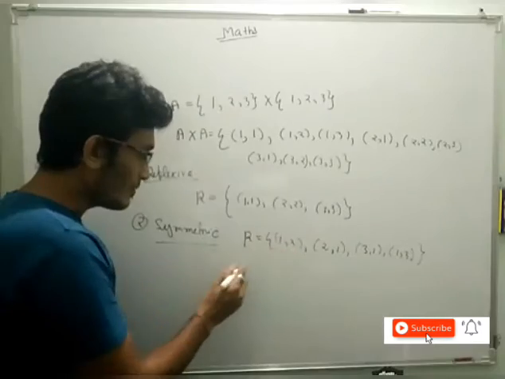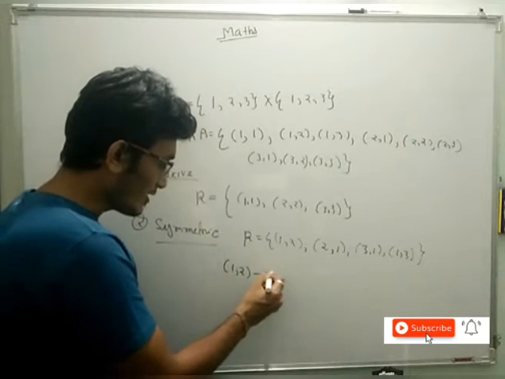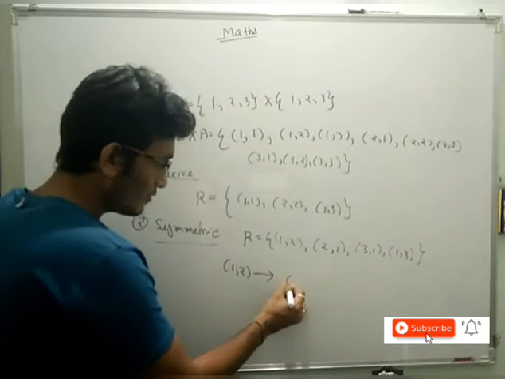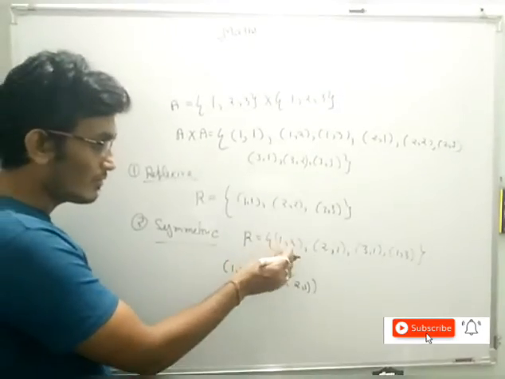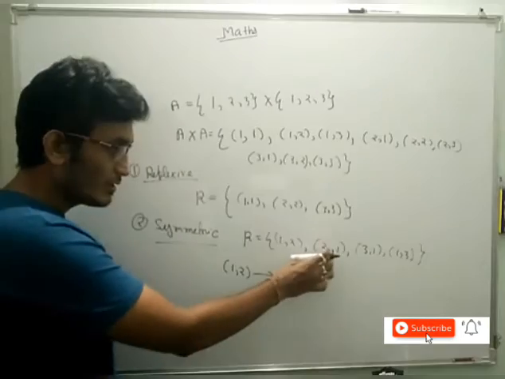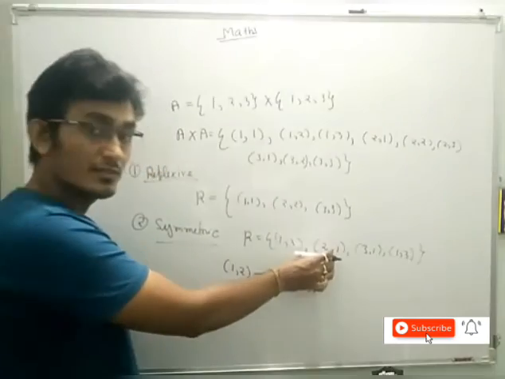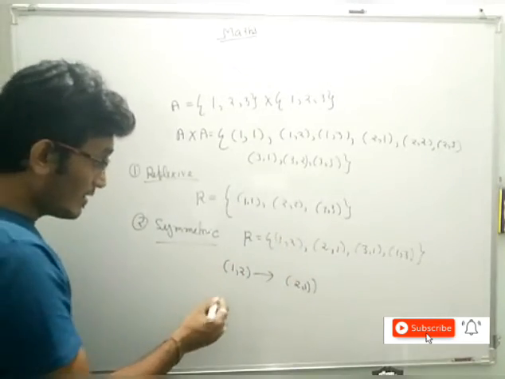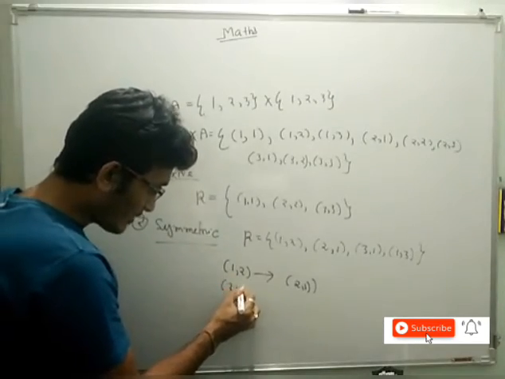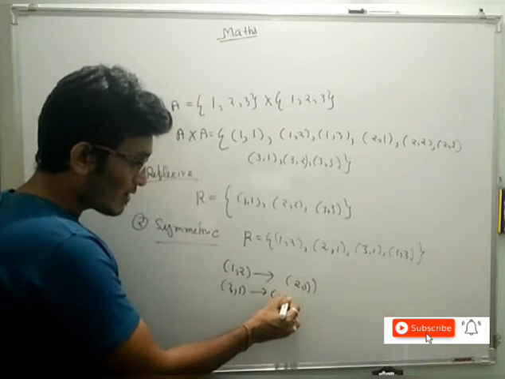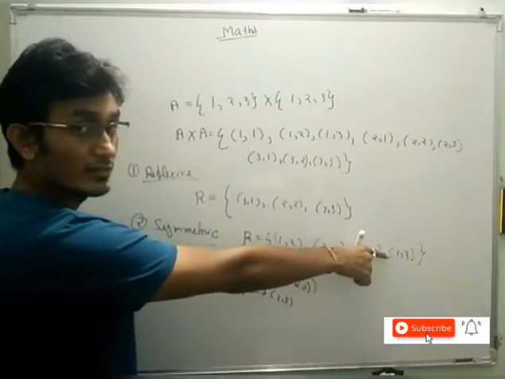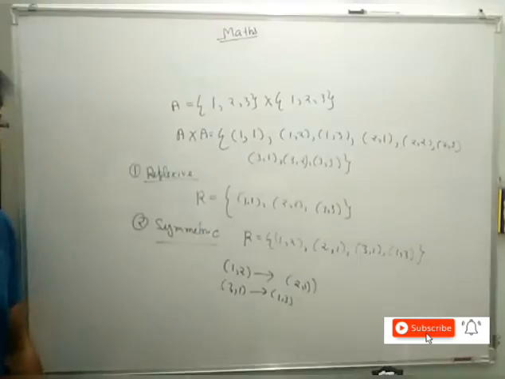What is the reverse ordered pair? (2, 1). That means in this relation, for the ordered pair (1, 2), the reverse ordered pair is also present. Similarly, for the ordered pair (3, 1), the reverse ordered pair (1, 3) is present here.